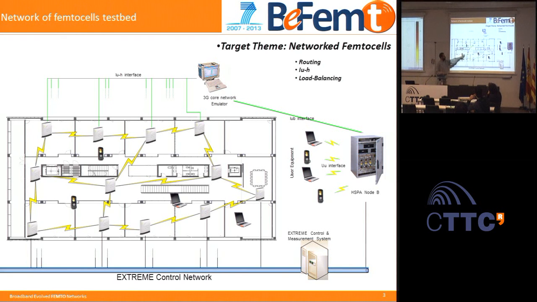This is the first floor of the CTTC building. What we have here is a set of femtocells that we want to deploy in the form of a mesh. So this, for us, is the old wireless network of femtocells. These are 3G femtocells, because at the time we wrote the proposal, there were no LTE femtos.